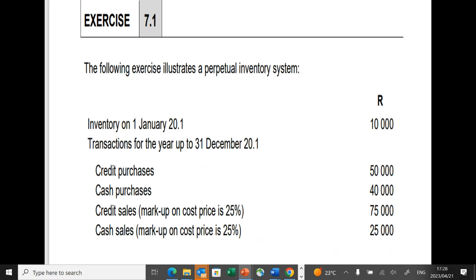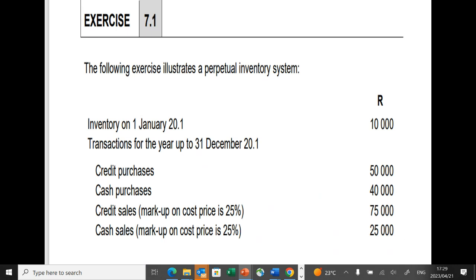Because remember, for you to get a selling price, you say cost price plus the markup, then you get your selling price. Already they told you here that the markup was on cost price, so the cost price will be represented as 100%, then the markup will be 25%. When you combine the two, you get the selling price, which is 125%. So this 75,000 and this 25,000 are representing 125%.